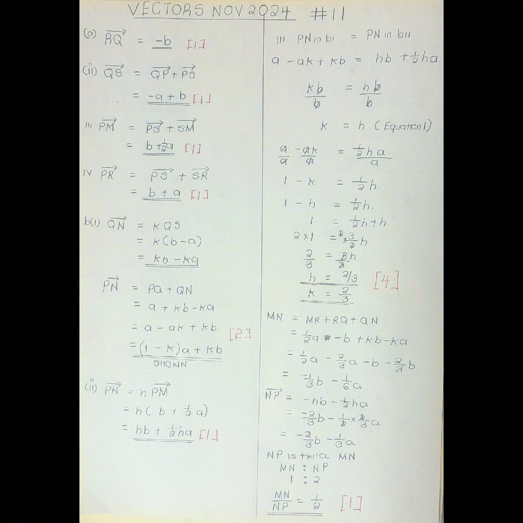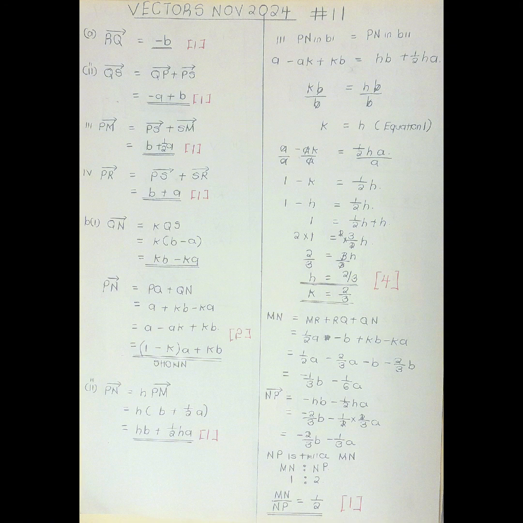And then on part 3, use the results from B1 and B2 to find the values of H and K. Here, we write the B1 and B2 expressions, and then we take all the terms that have B, we divide by B, so that we now have K is equal to H. That is our equation 1.